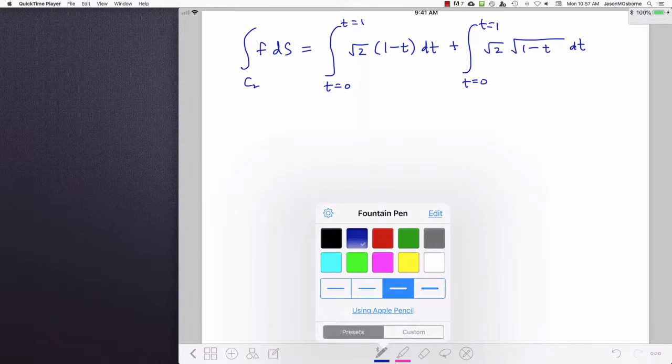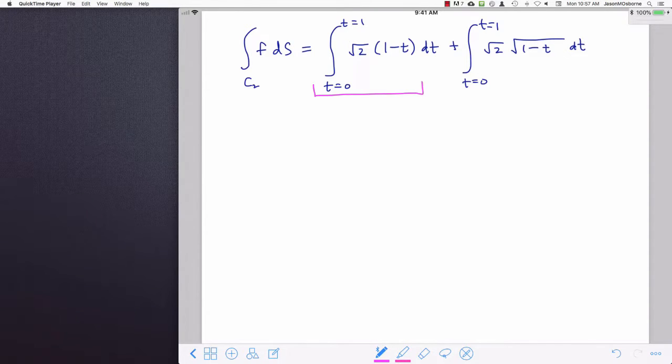This first integral is pretty easy. The antiderivative of 1 minus t is t minus t squared over 2, and evaluating from 0 to 1 is easy. We'll call that a number.